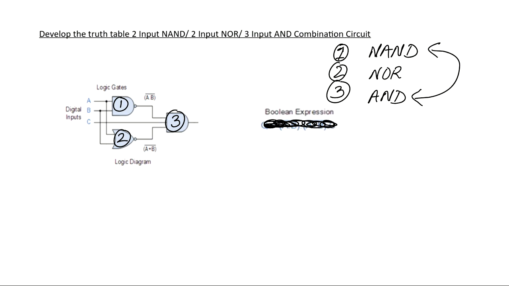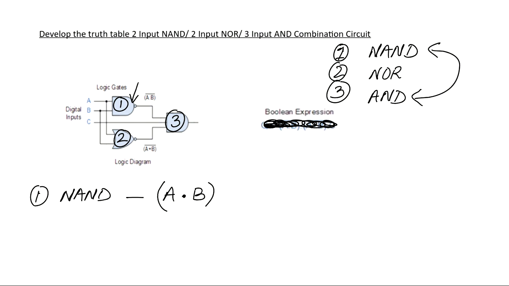The first gate, which is a NAND gate, will multiply the two inputs, A and B. You can see A and B are going into it. It will multiply them, but it will not only multiply, it will invert the output. Look at this bubble. This bubble means a NOT gate is there.